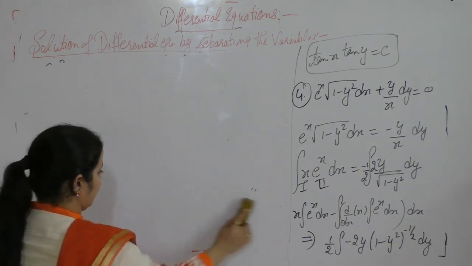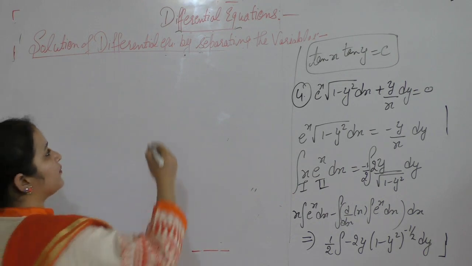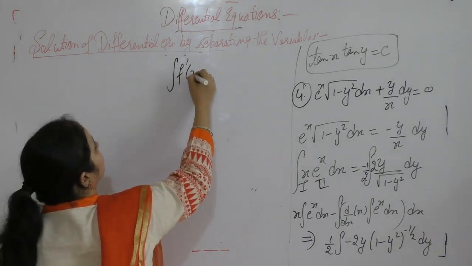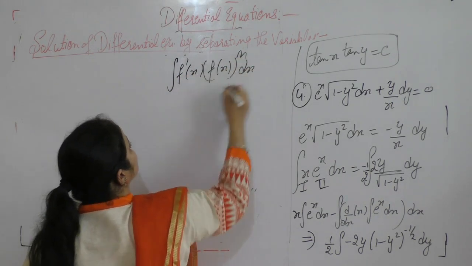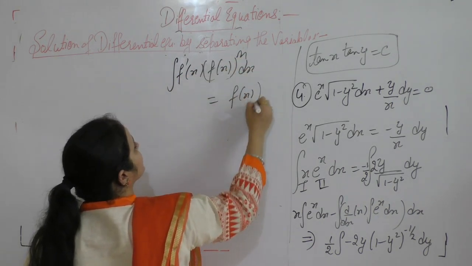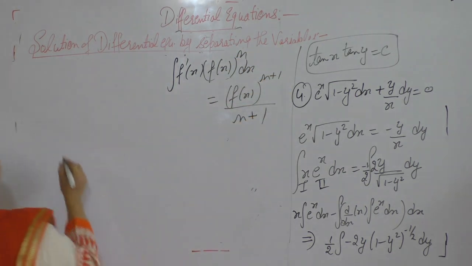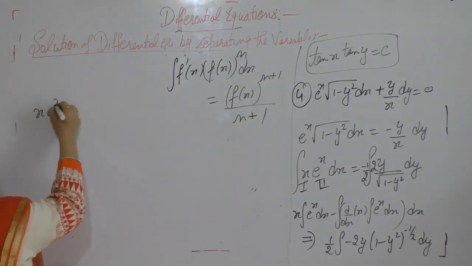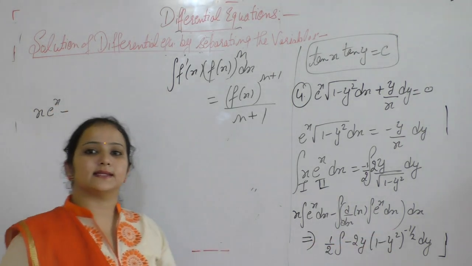Now here we have the formula: integral of f dash x into f of x power n is equals to f of x power n plus 1 upon n plus 1. For x e^x, derivative of x is 1. Integral of e^x is e^x.